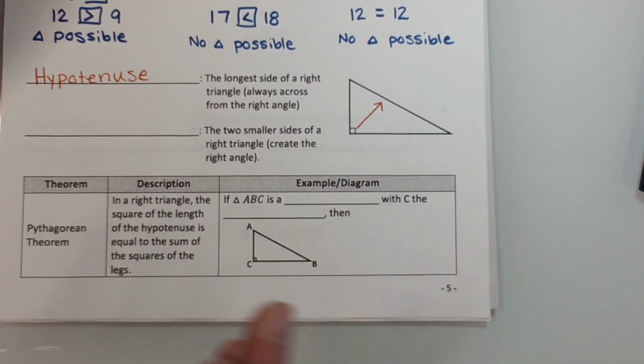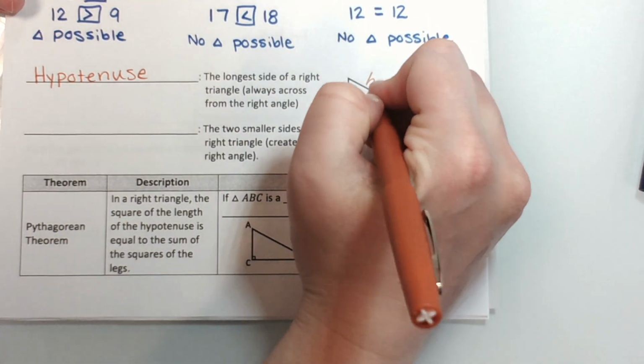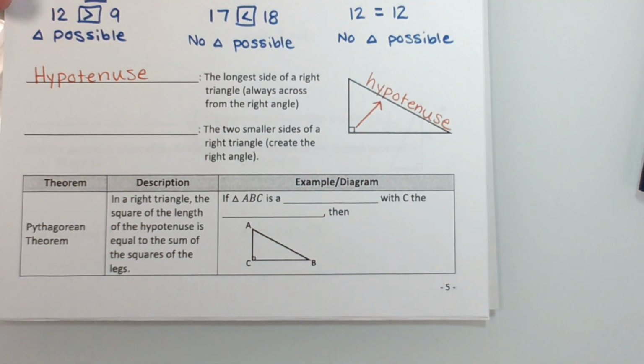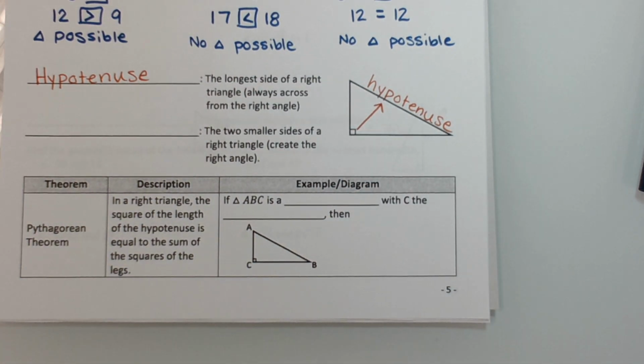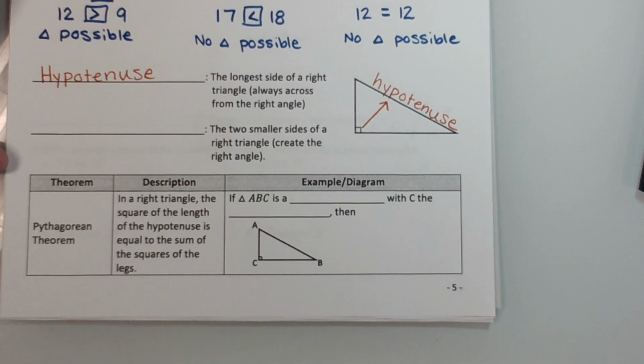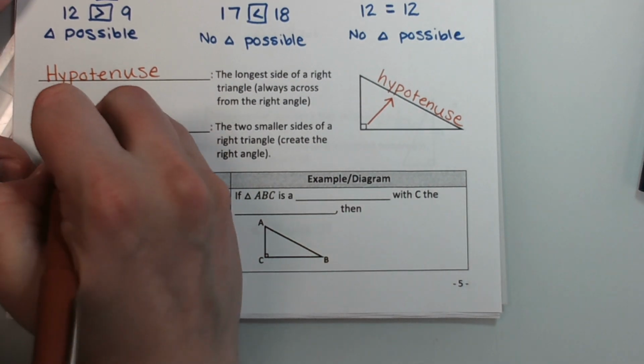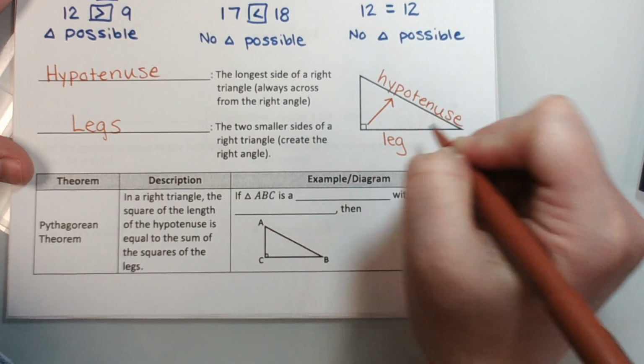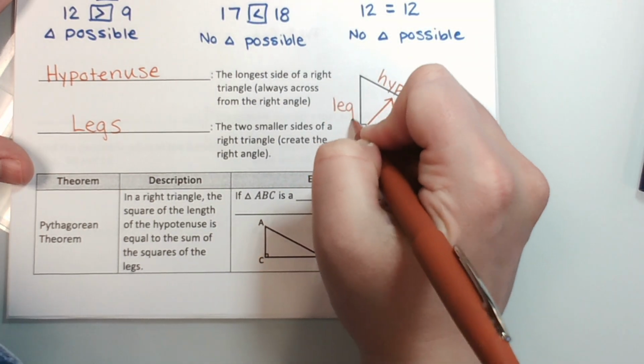Does that sound like a familiar word? You would have talked about it in middle school. The other two sides are called legs. So that's a leg and that's a leg.